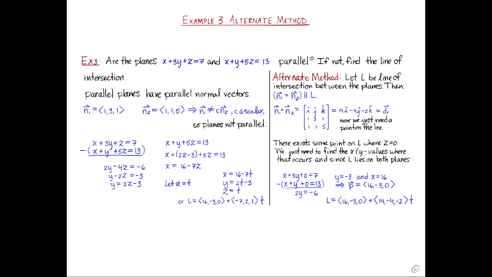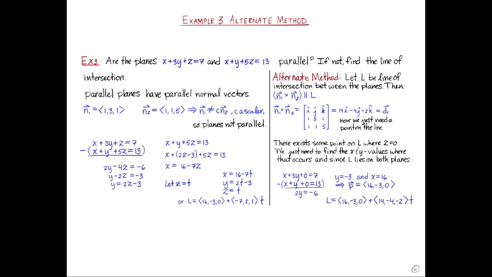Let's let L be the line of intersection between the planes. Then the cross product of the normal vectors of the 2 planes has to be parallel to L. To find the equation of L, we need 2 things. We need a direction vector and we need a point on the line. The cross product between the 2 normal vectors gives us the direction vector.